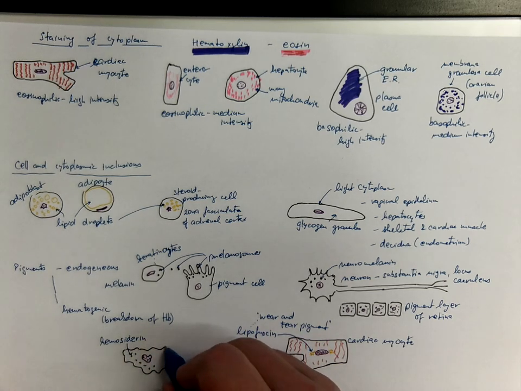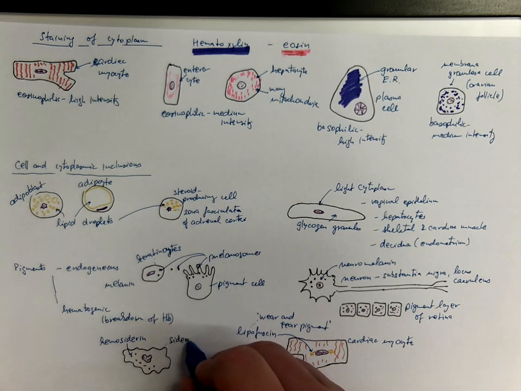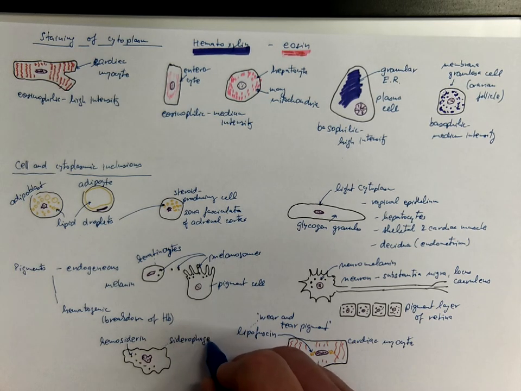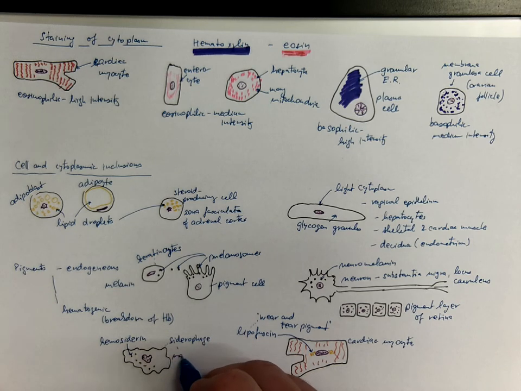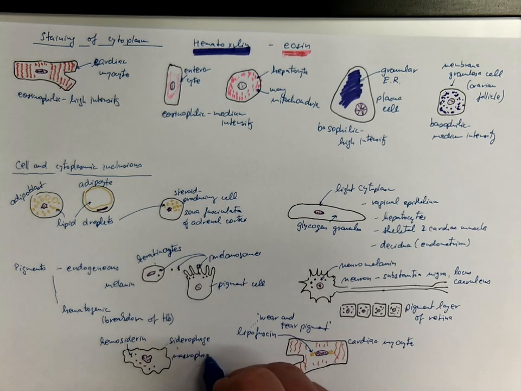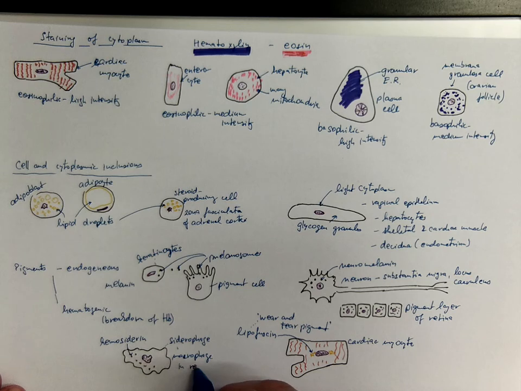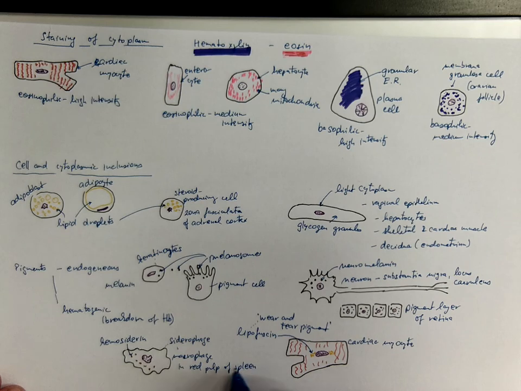These macrophages are even called siderophages, which is a macrophage with hemosiderin that occurs in, for example, the red pulp of spleen. Of course, in the red splenic pulp, that's where most of the red blood cells are dying, and their hemoglobin is decomposed into many molecules such as hemosiderin, or in bone marrow macrophages.